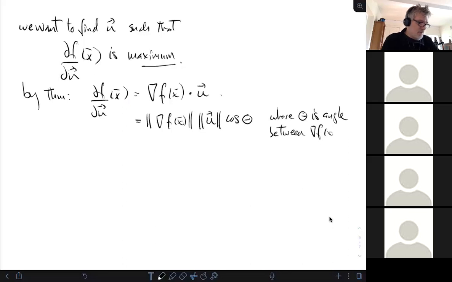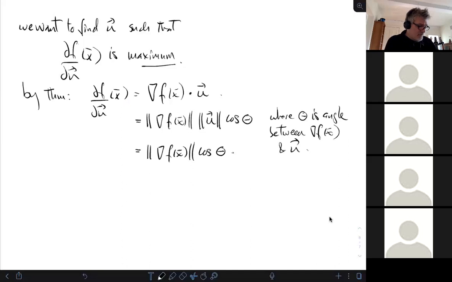So the vectors are the gradient and u, right? Okay, we can simplify this certainly because the length of u is 1. It's a unit vector. So this is the length of the gradient vector at x times cos theta, right?